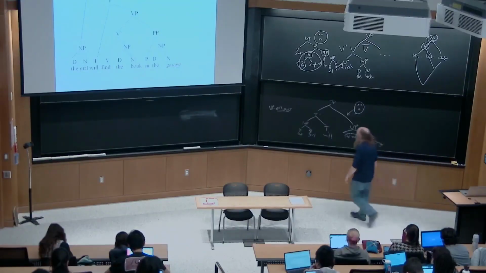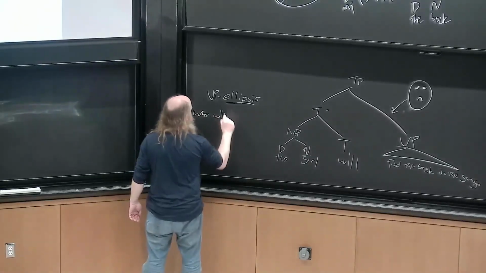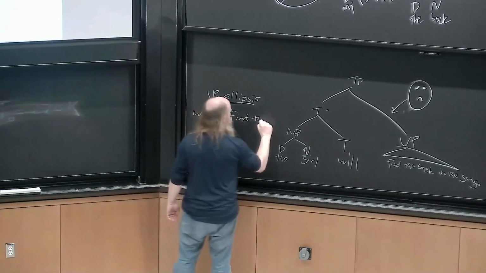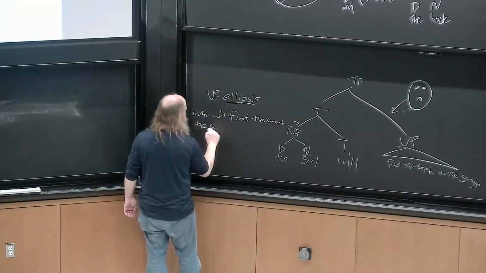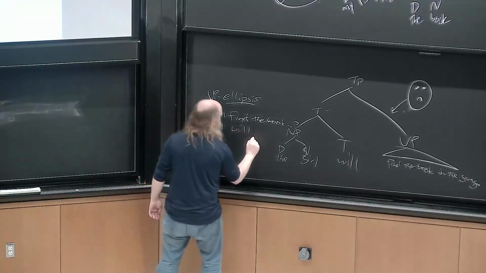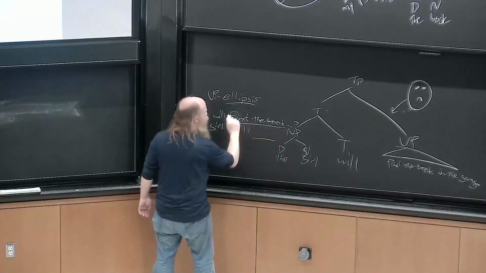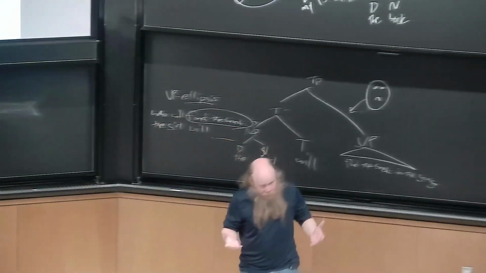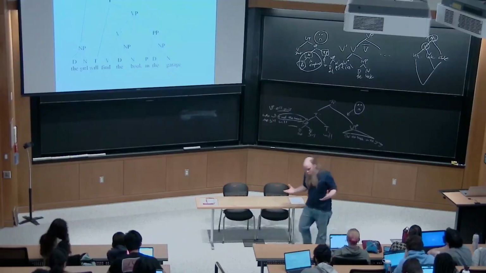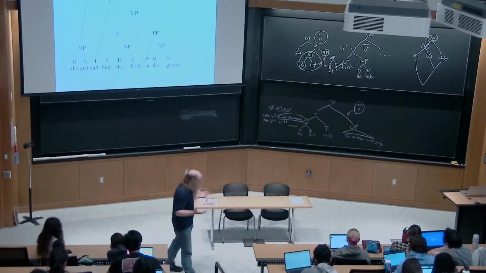When you say things like, who will find the book, the girl will, there's a blank here, and the blank is understood as being the same as the preceding verb phrase. And VP ellipsis is a huge phenomenon which we will get a chance to talk about, because it's going to be useful in a couple of weeks for other phenomena.